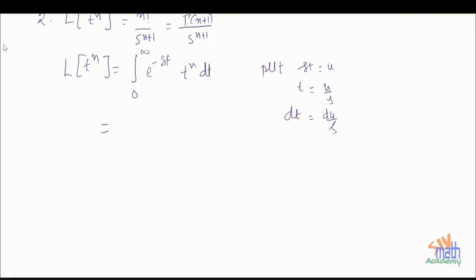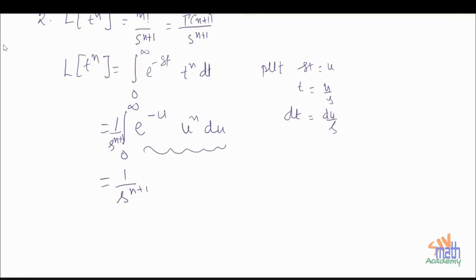The limits: at t equal to 0, u will be 0; at t equal to infinity, u is equal to infinity. The limits of the integral are the same: e power minus u, and t is u by s, so u power n, and du upon s, so totally 1 by s power n plus 1 will come outside. So this is 1 by s power n plus 1 into this expression.